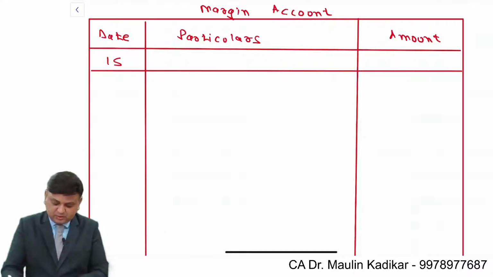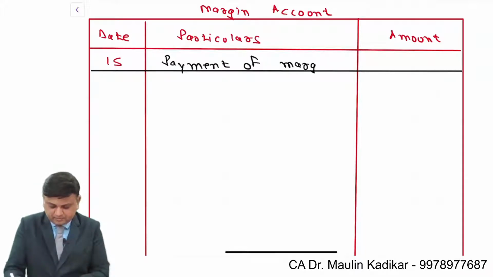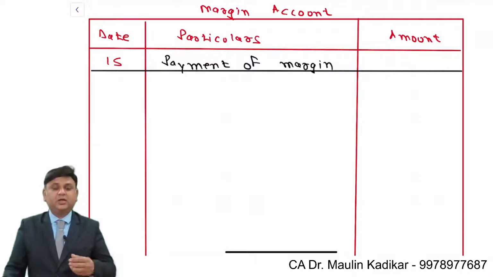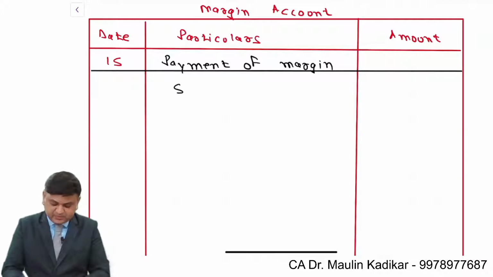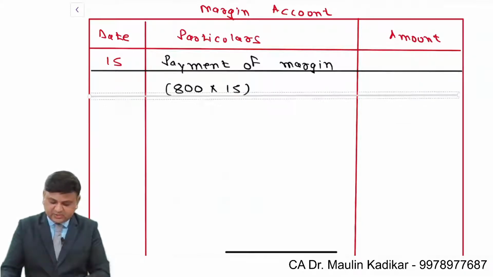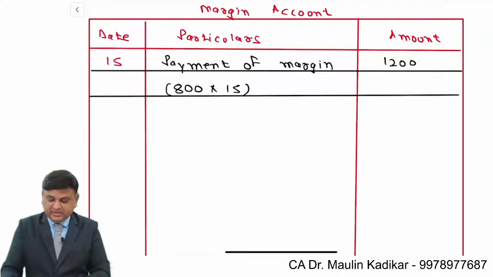In that, we will show payment of margin. What is the amount of the margin? Amount of the margin is 800 rupees per contract and 15 contracts are entered upon. So the amount of the margin which is paid is 12,000 initially when you initiate the contract.